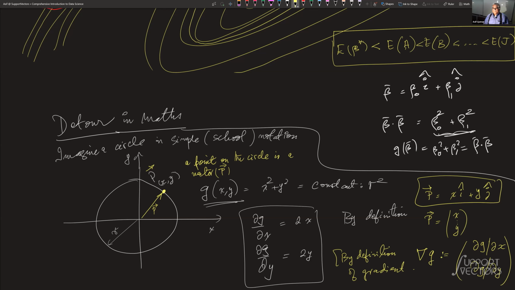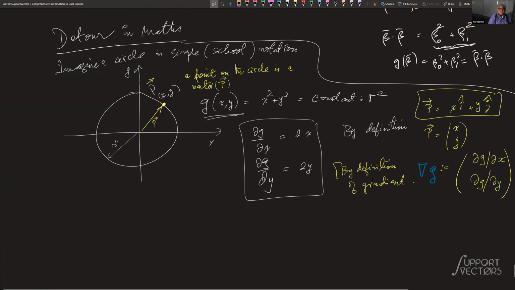Are we together? Now let me use a different color for the gradient of G. It's a vector. It is the definition: it is that vector which is made up of the partial derivatives of G.